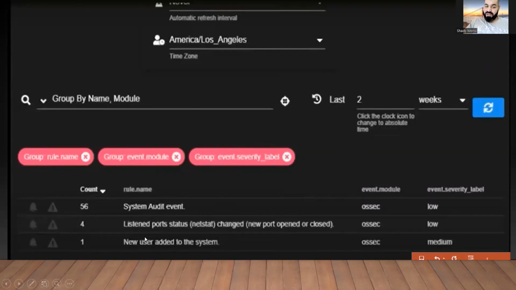So I have a user added to a Windows system, and then later on, listening port status, netstat, changed, new port opened or closed. So you got another alert saying that once this user has been added, you find a new port in your computer has been opened.